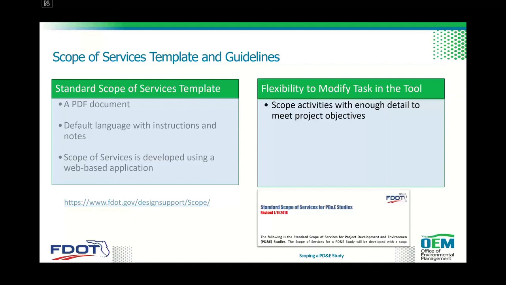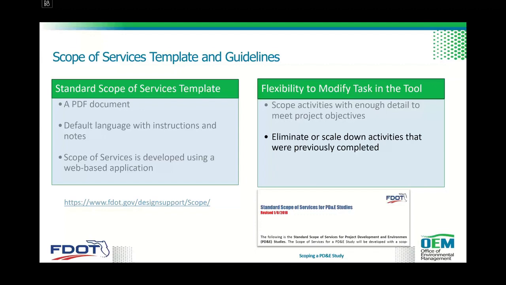There is some flexibility to modify tasks in the tool. This includes scope activities with enough detail to meet the project objectives and to eliminate or scale down activities that were previously completed.